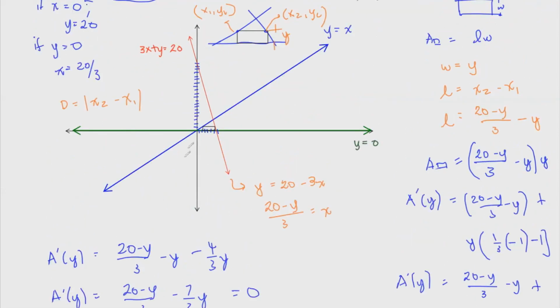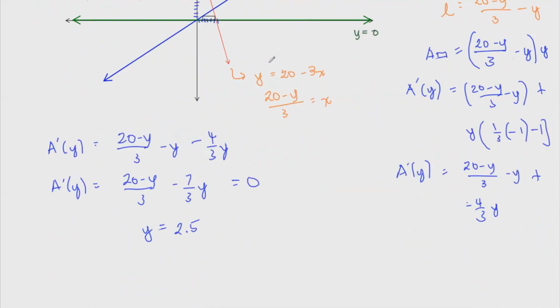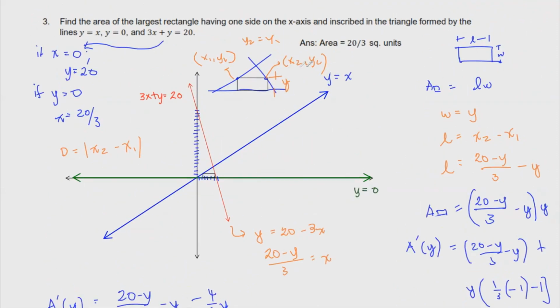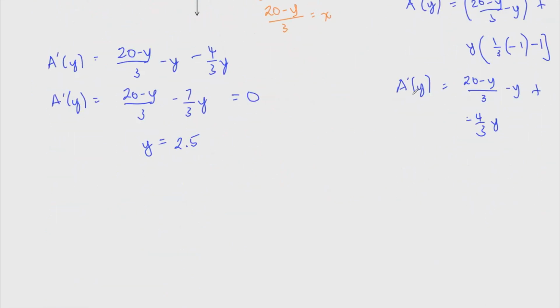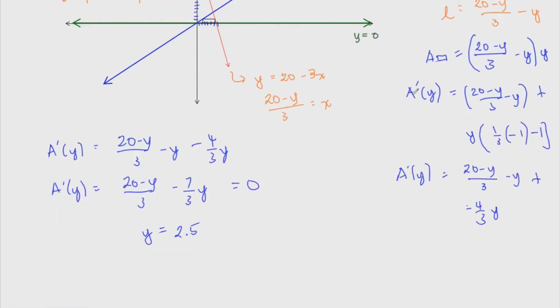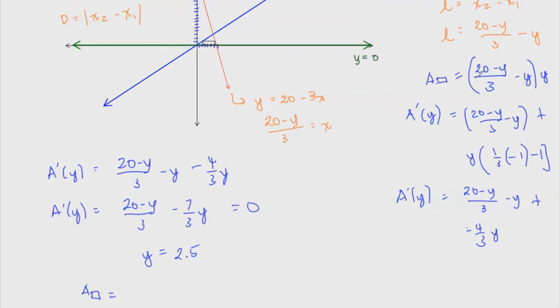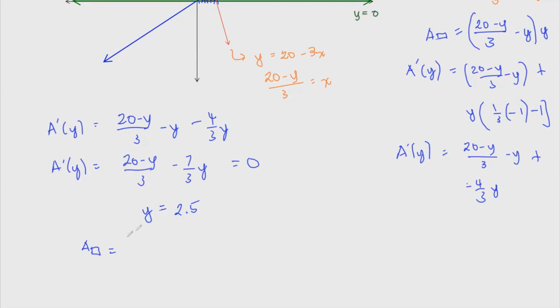So basically, this width is 2.5, and now we're left with the length. And the thing is that we need to just check on the area, and if that is really the largest area. So if we would just plug this back into our original equation, we could say that the area would be (20 - 2.5)/3 - 2.5, and then we multiply that by 2.5.